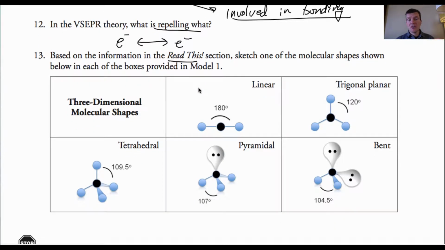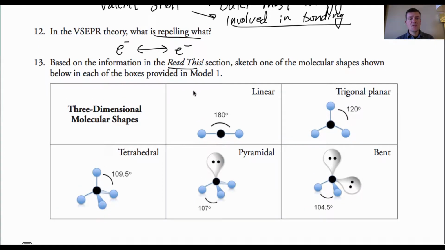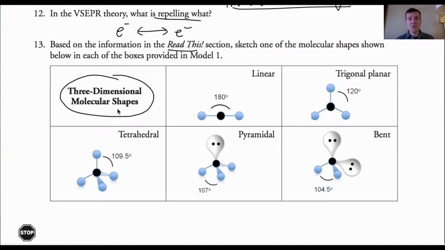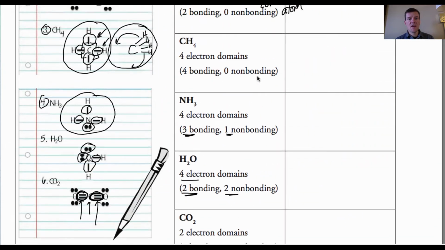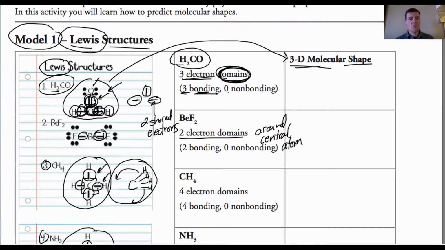So, here's what we're going to do. We are going to take these given three-dimensional molecular shapes. They're giving them to you. These are possible three-dimensional shapes, and we're going to try to match them up here in Model 1 and try to figure out which one of these Lewis structures would then translate to which of those 3D molecular shapes that are given to us.